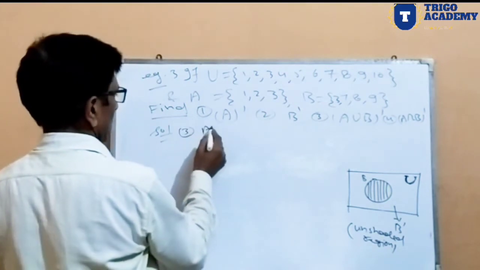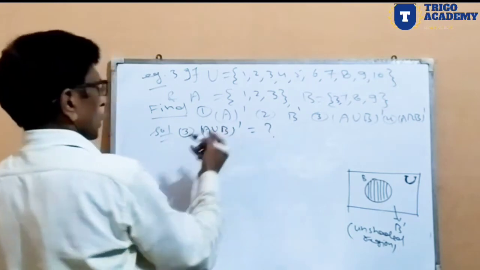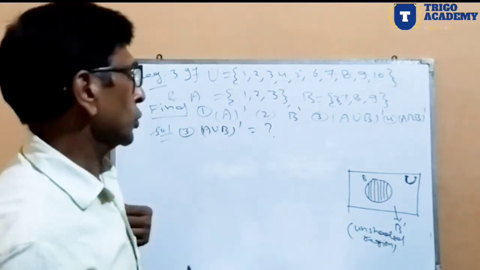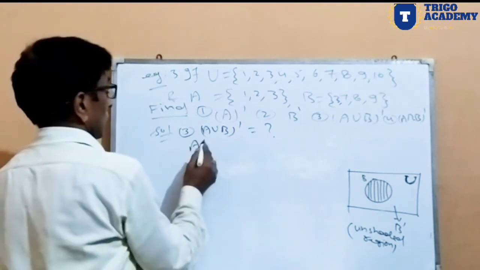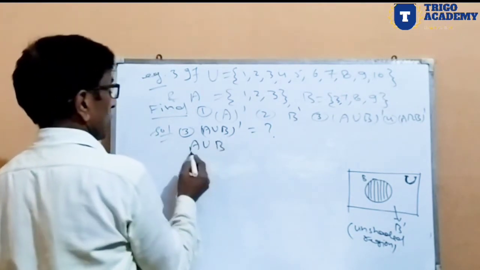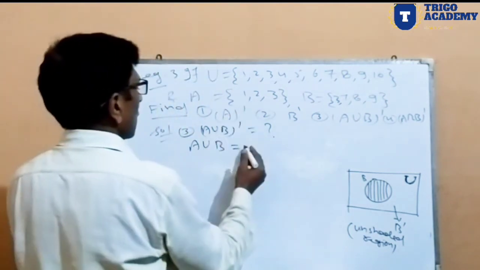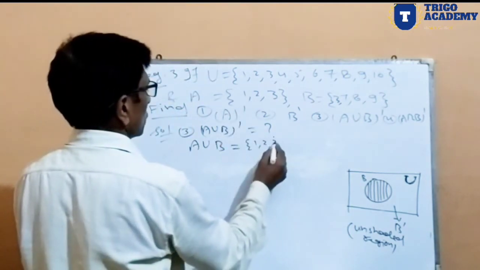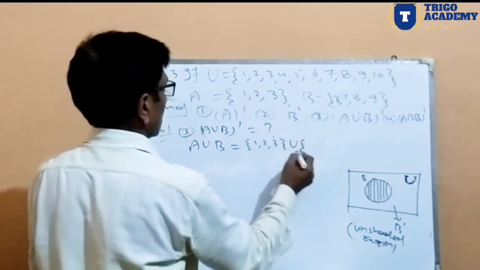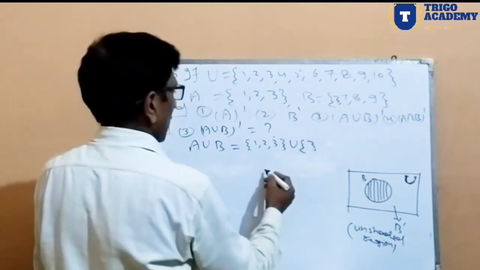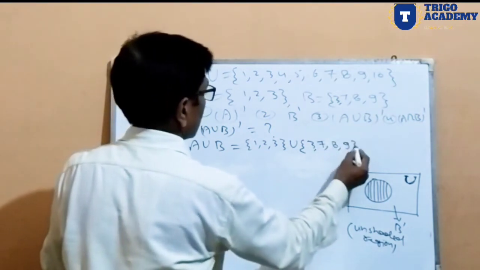Third part: (A union B)'. To find this, first we have to find A union B. So A union B will be equal to {1, 2, 3} union B having elements 3, 7, 8 and 9.